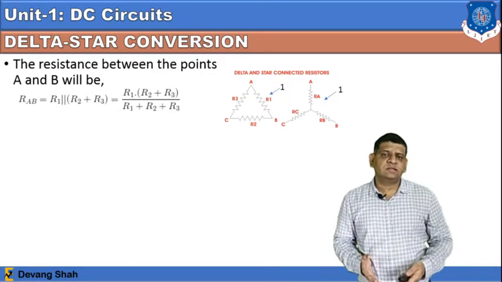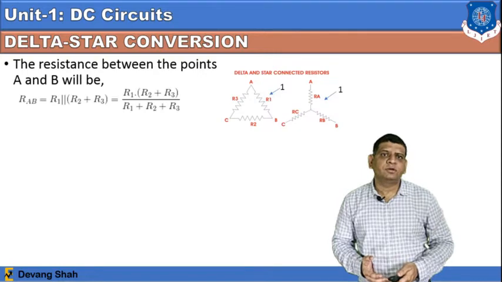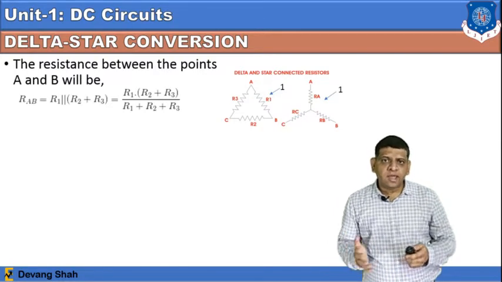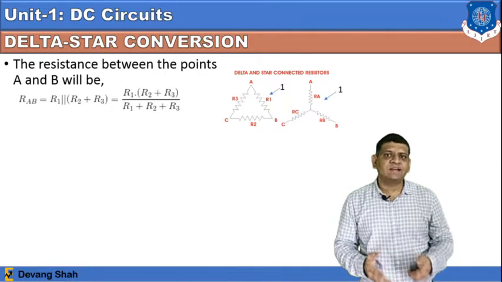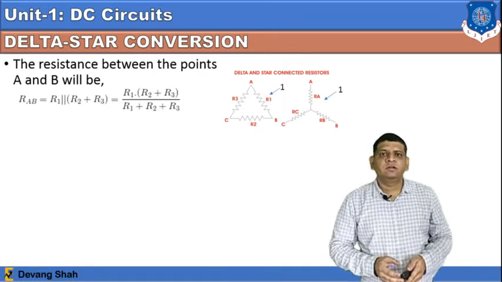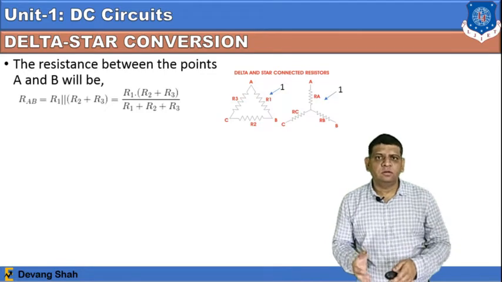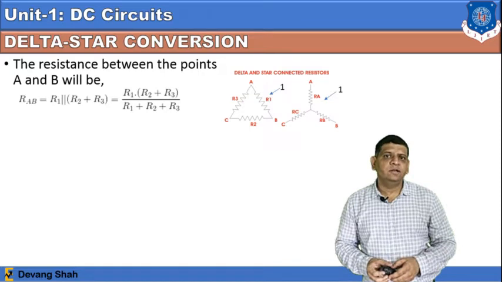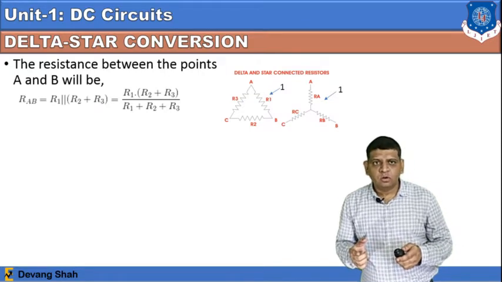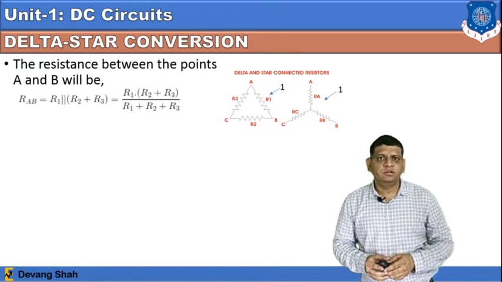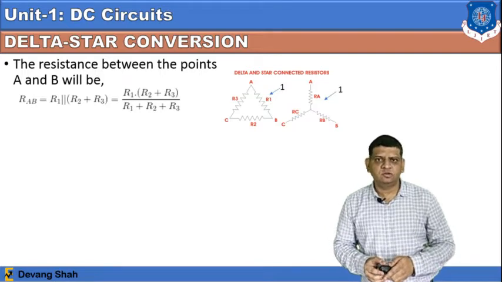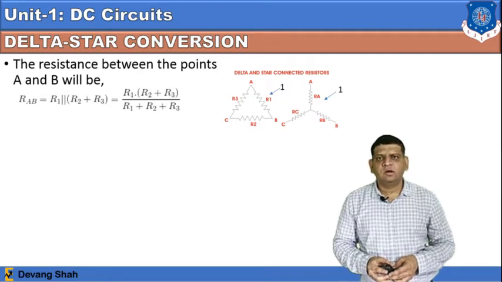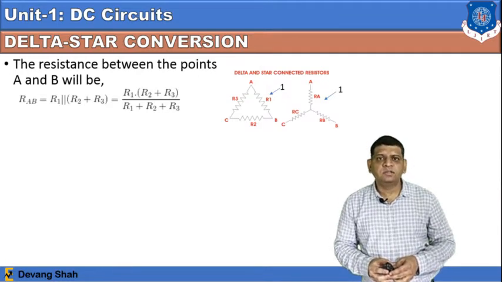So let's consider the resistance of the star between terminals A and B as RAB, which is equal to the resistance between terminals A and B of the delta network, which is R1 in parallel with the series combination of R2 and R3. So R1 parallel with (R2 plus R3).